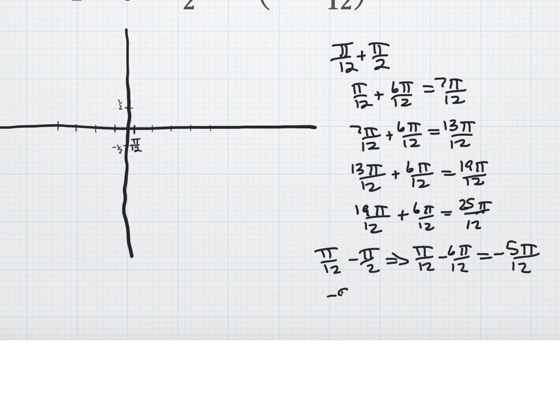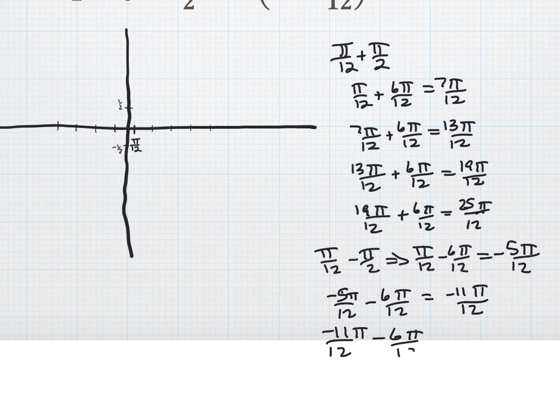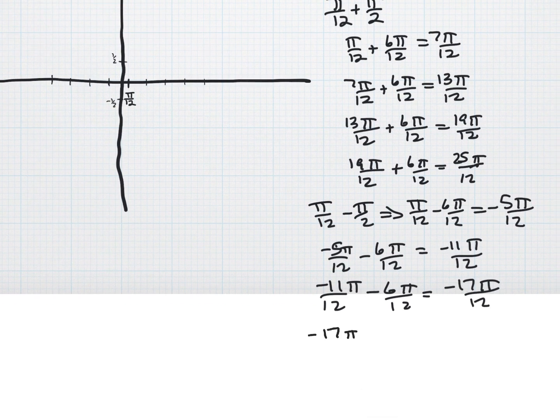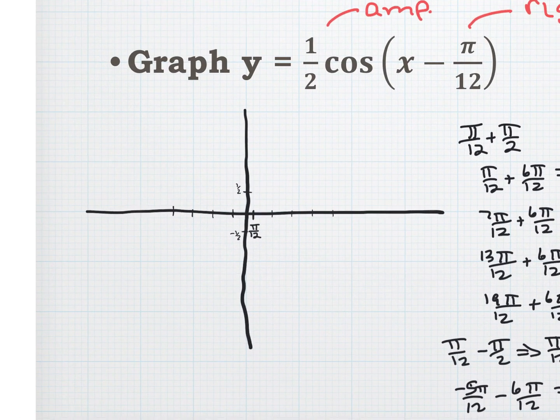Take that newly calculated number, subtract 6 pi/12 again, -11 pi/12, subtract again, and I get -17 pi/12. One more time, 6 pi over 12, negative 23 pi over 12. So let's go ahead and get all these special points on the x-axis.